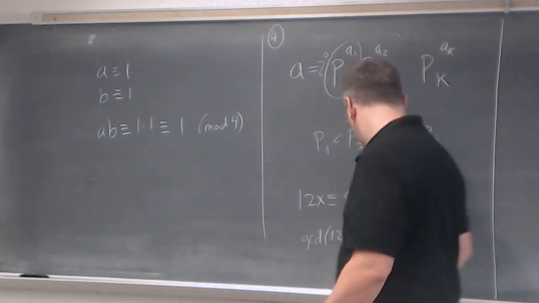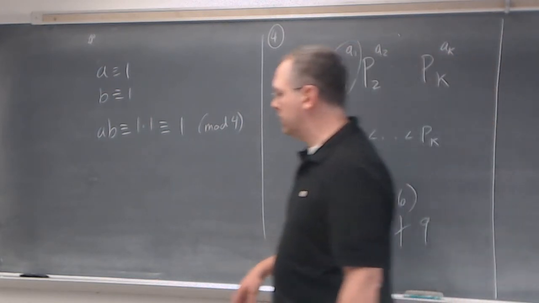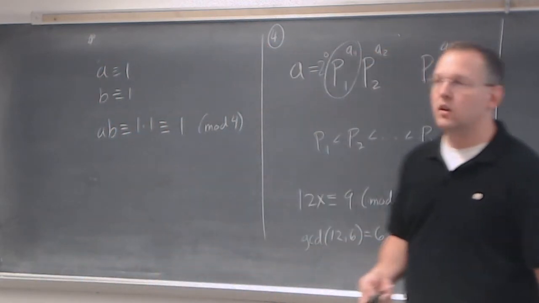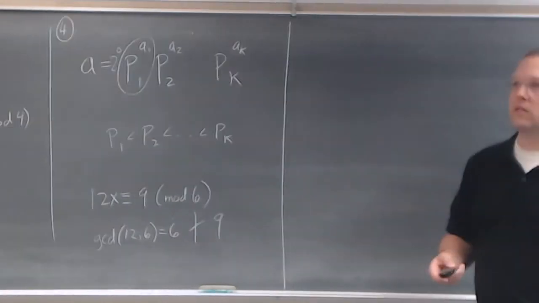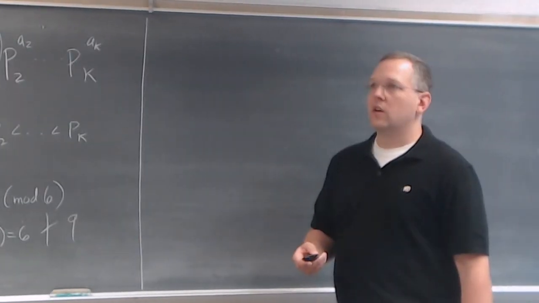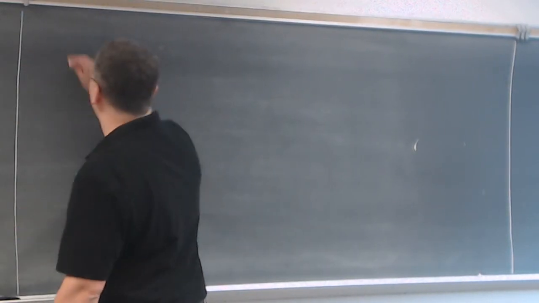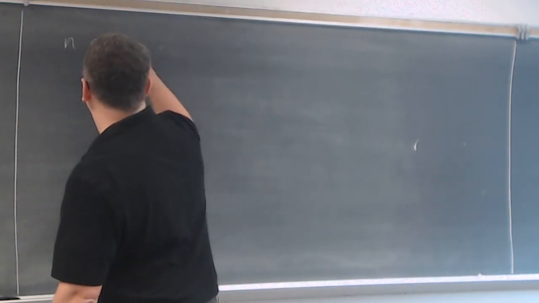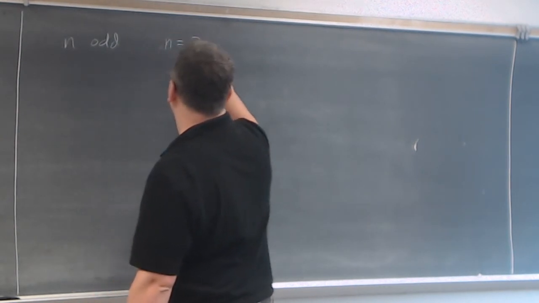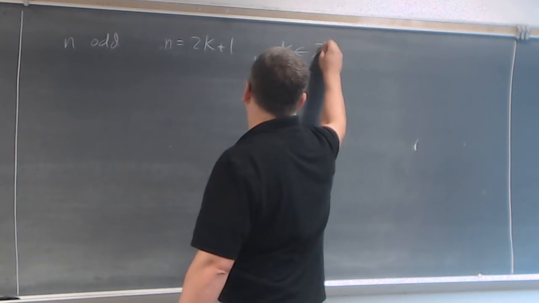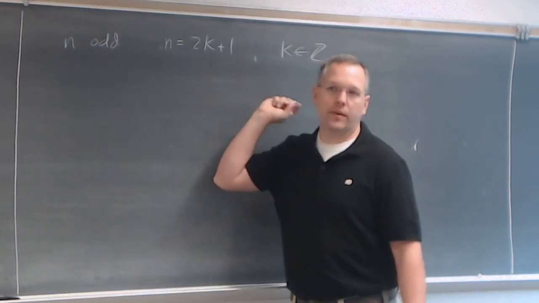Number 8, I kind of purposely tried to present a solution that's different, just to give you a different look at how I might prove these statements. Everybody knows that an odd number looks like 2 times an integer plus 1, right? So if n is odd, it's pretty common to write n as 2k plus 1 for some integer.